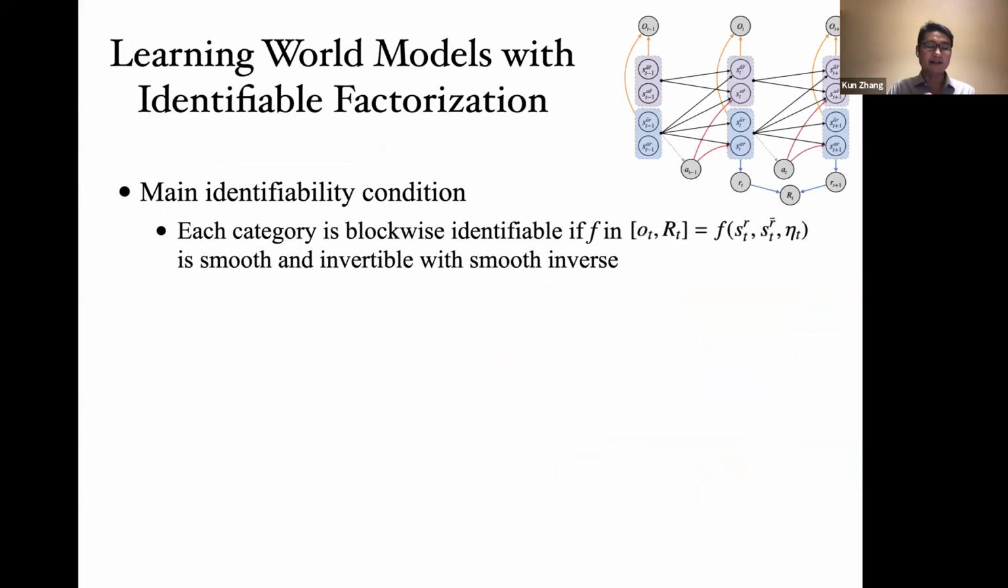So if the generating function in the generating process from the state representations to the observed raw input and reward function is invertible and smooth, then you can recover each of those 4 categories up to a kind of block-wise transformation. So each block or each type is recoverable up to its own subspace.